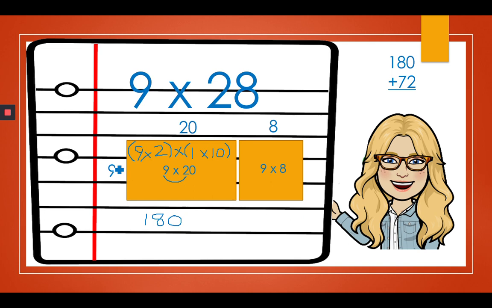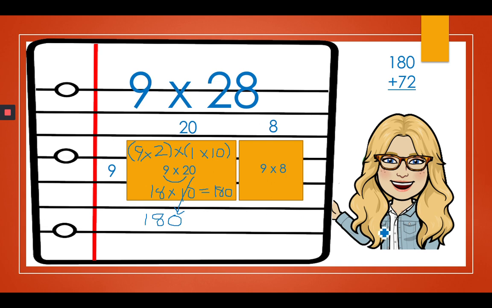And if you know that this is how it works, there's even a niftier shortcut. You can just do 9 times 2 equals 18, and then just drag this 0 right down here because it's the same thing as doing times 10, because 18 times 10 is equal to 180.